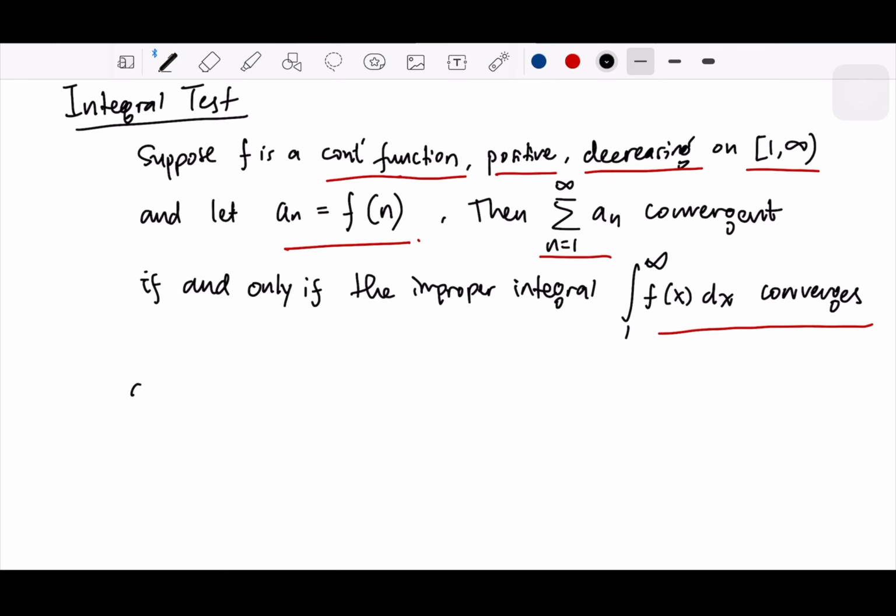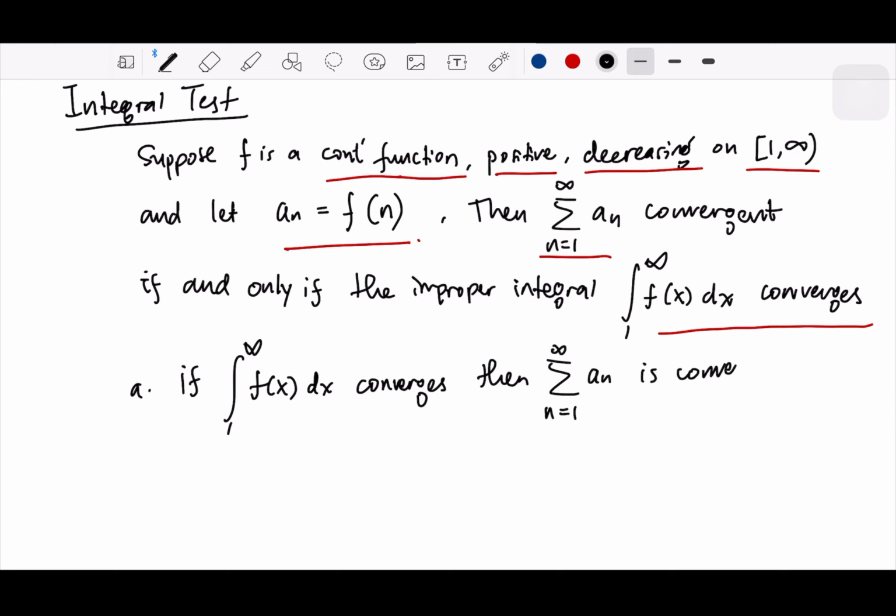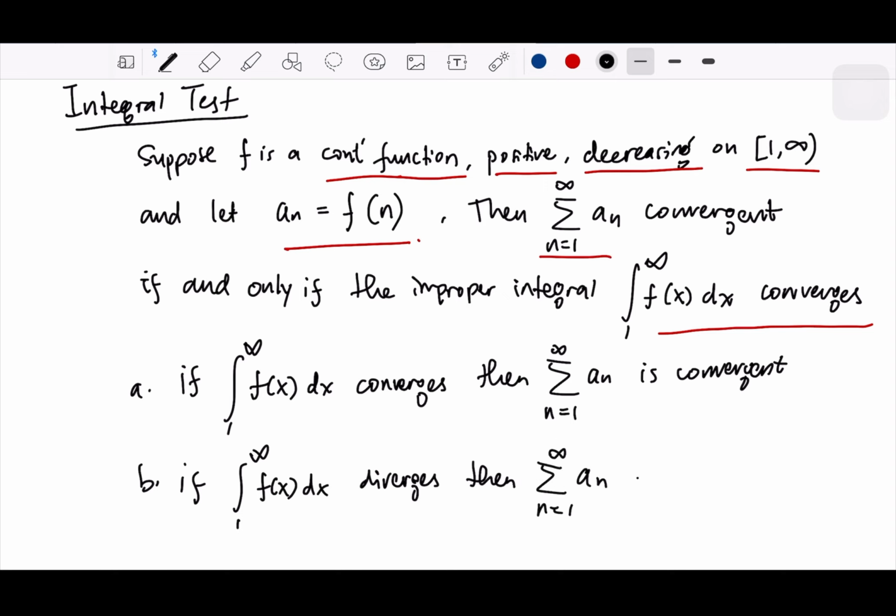In other words, if the integral converges, then the series converges. And if the integral diverges, then the series is also divergent.